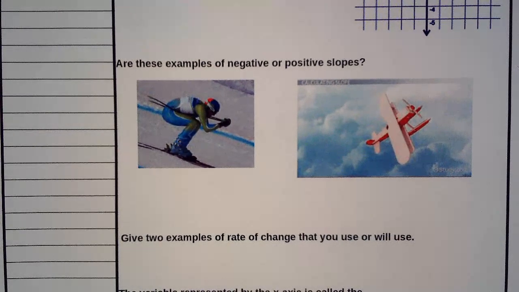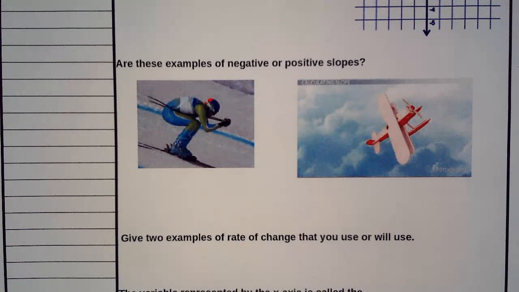Throughout our whole life, we look at positive and negative slopes. We might not think that's what they are. We might not even say, oh, that's a negative slope. But we are always seeing negative slopes. When you walk down the ramp out of school, negative slope. When you walk up the ramp to school, positive slope. So let's look at these examples.